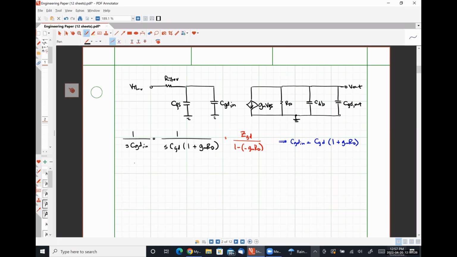We can say similarly that 1 over S CGD out is 1 over S CGD, sorry, CGD times 1 plus 1 over GMRD, well, that's just ZGD over 1 minus 1 over K, right?